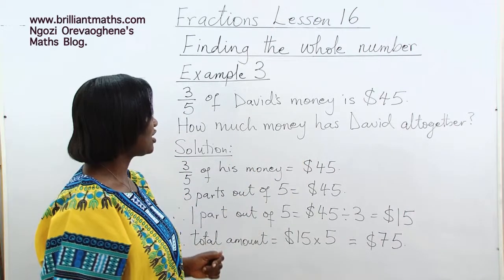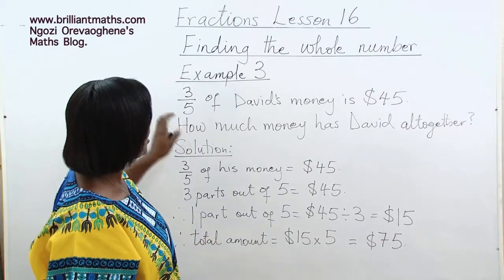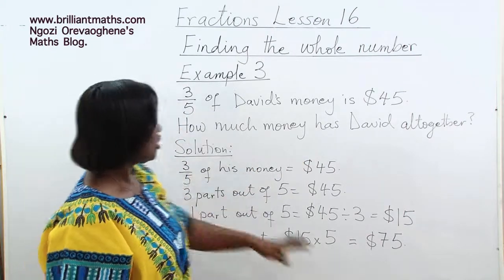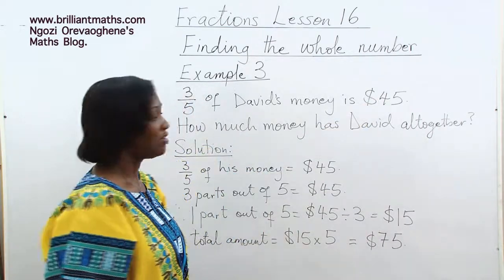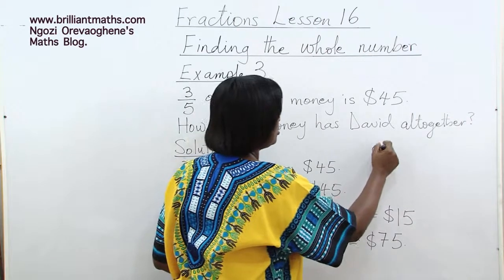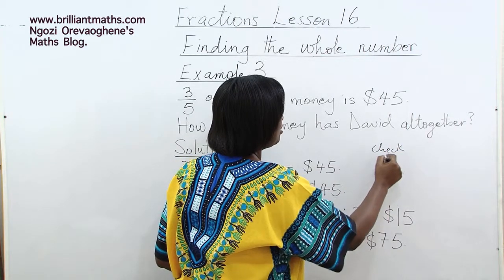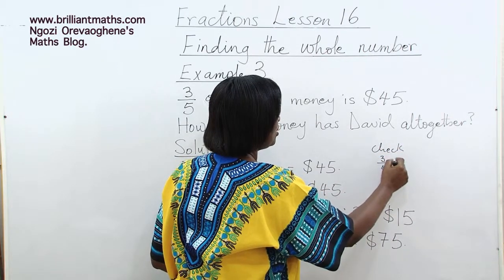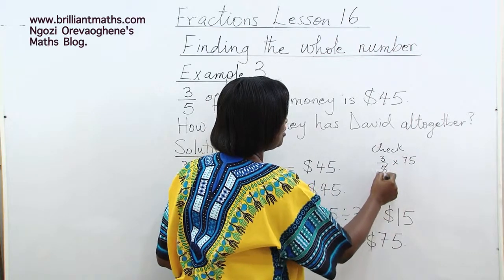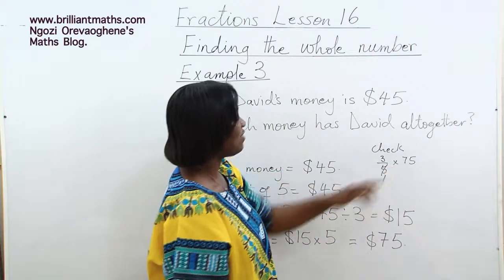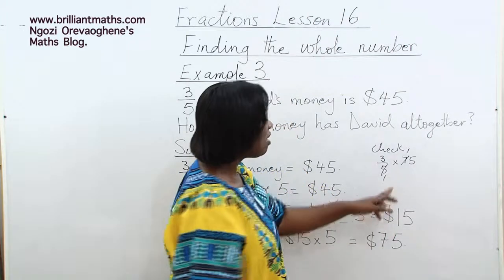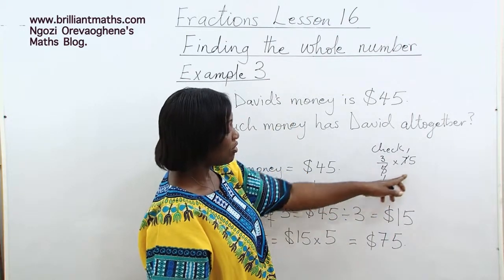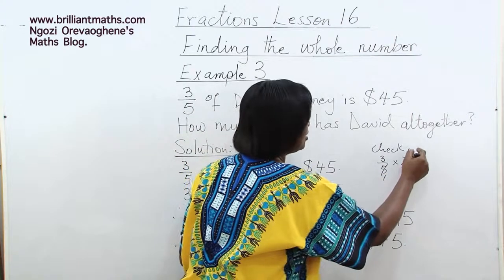We can quickly check that by finding 3/5 of 75 to see if we will get 45. Check. 3/5 of 75. 5 into 7 is 1, remainder 2. 5 into 25 is 5.